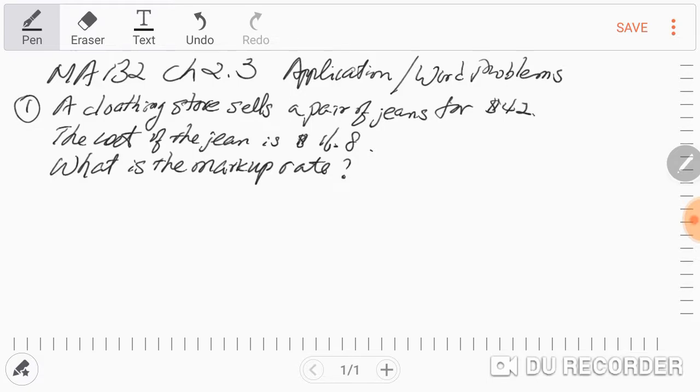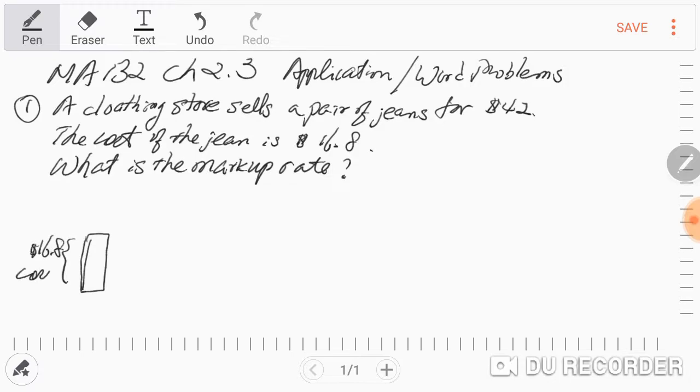Okay, here is a store selling a pair of jeans, and the cost of the jeans is $16.80. So we can draw a graph like this. Let's say this little box is the amount of the cost, $16.8.